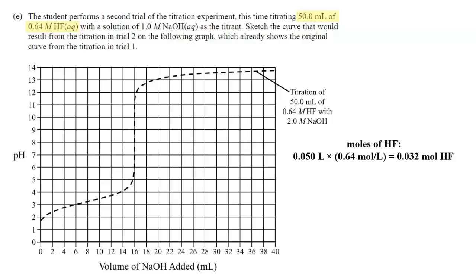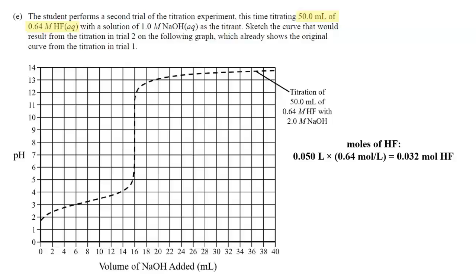And that gives me a value of 0.032 moles of hydrofluoric acid. Based on the 1-to-1 mole ratio between hydrofluoric acid and sodium hydroxide, then I need 0.032 moles of sodium hydroxide to reach the equivalence point.